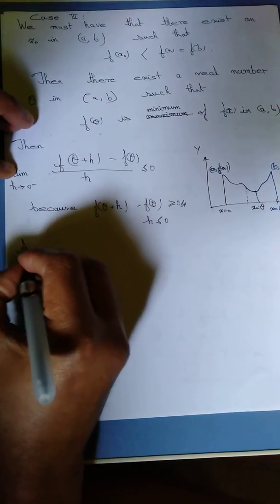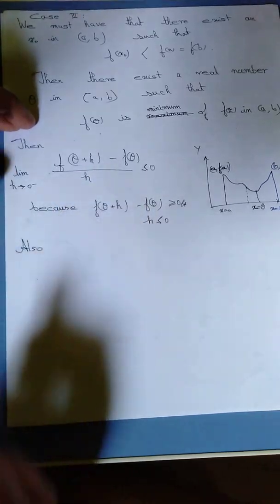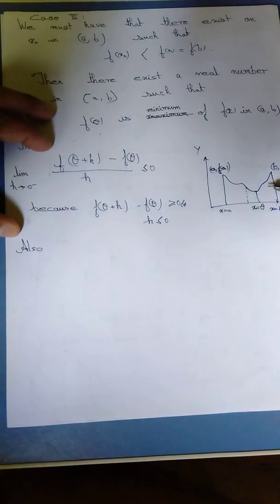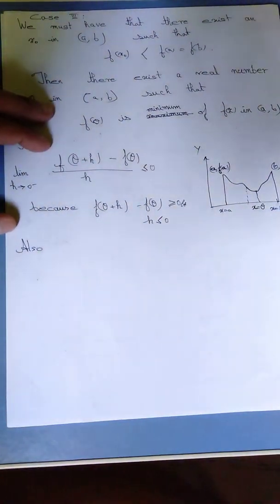Also, let's look at the right hand limit. Let's go from the right hand side. That means h is positive now.